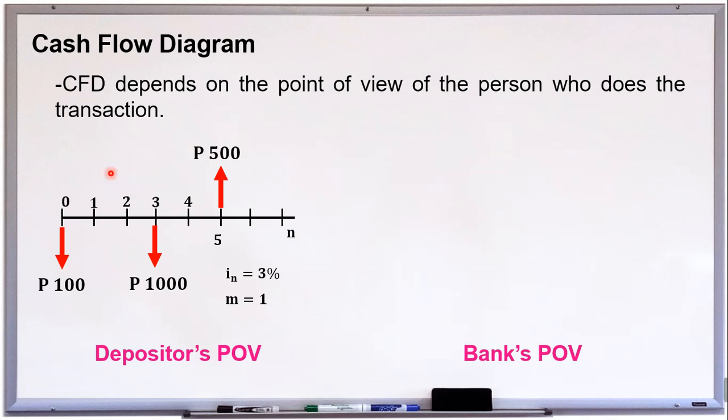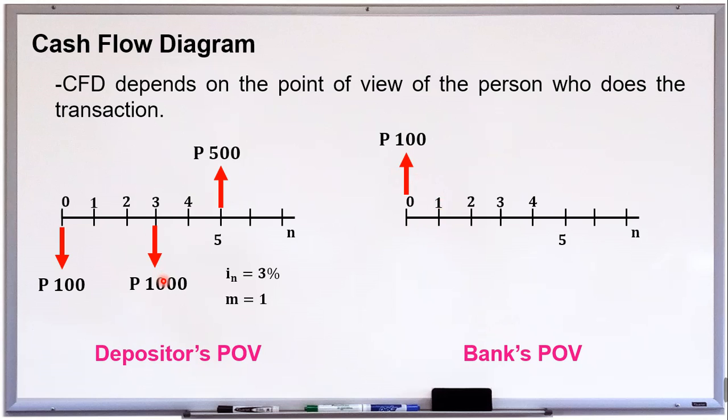Now we're going to convert this into the bank's point of view. So for the bank's point of view, your 100 deposit at year 0 will be an inflow of money from the bank's point of view. So the direction is upward.